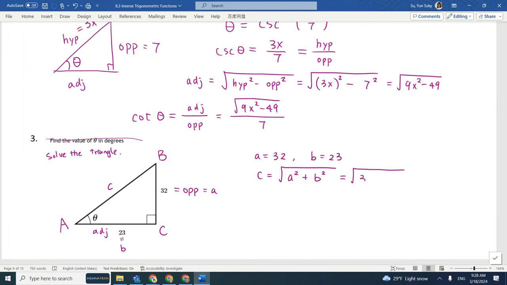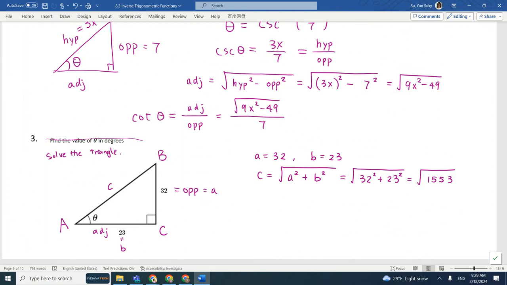A squared is 32 squared, and B squared is 23 squared. And what's inside the square root? 1553. Thank you. You can leave it like that. So C is the square root of 1553. Is that okay, everybody? We find all the sides.